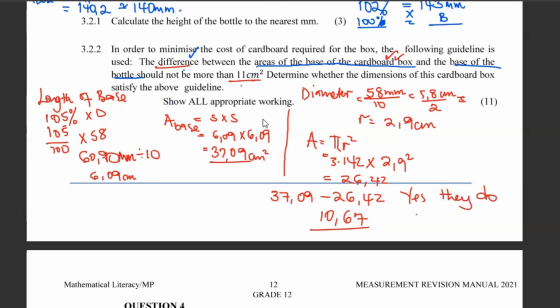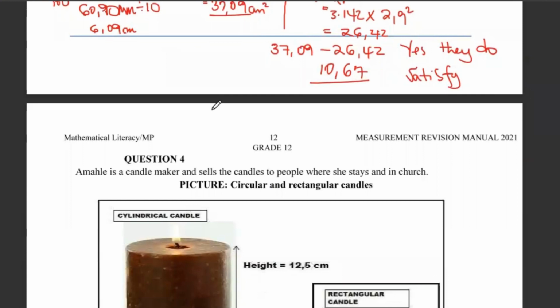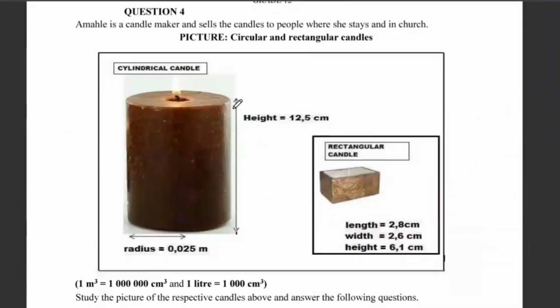They do satisfy the condition. Yes, they do satisfy the condition. That's done. Let's look at question number 4.